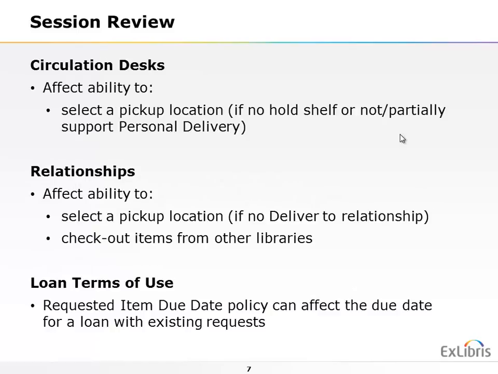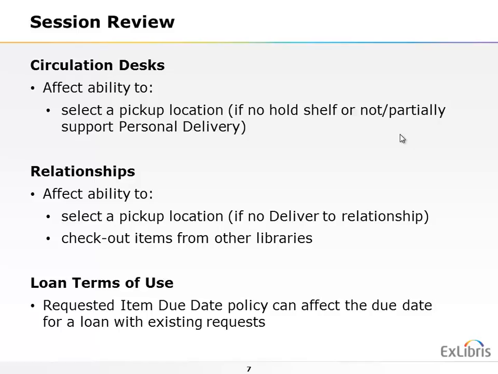We saw configurations in the circulation desk and how these can affect the ability to select a pickup location. For example, if no hold shelf, or if the personal delivery is not supported by the circulation desk.